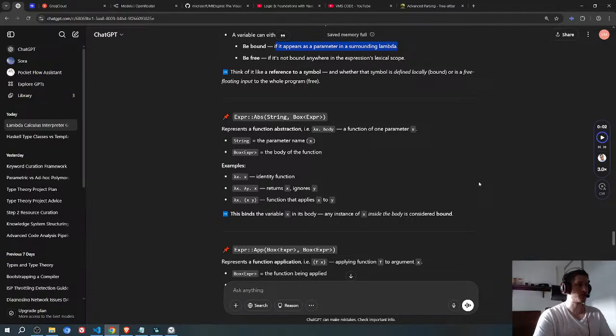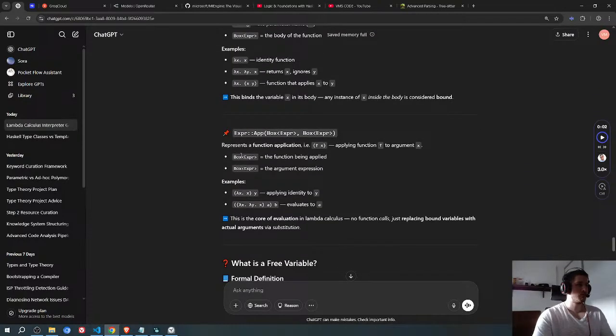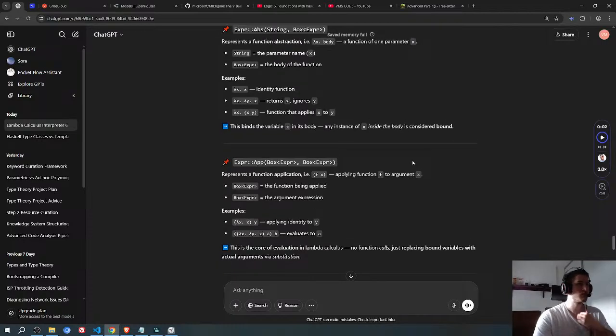Presence of functional abstraction. Not sure if I understand very well the difference between the application and the expression.